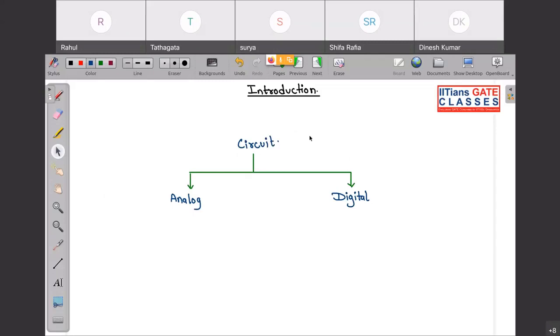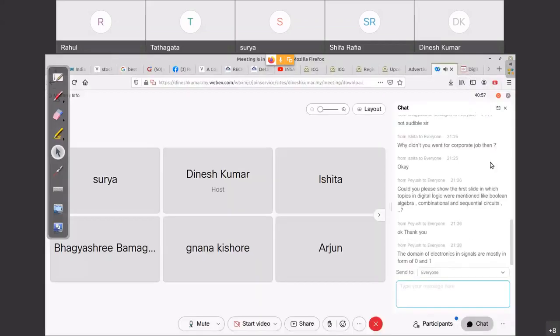Okay, so can anyone tell me what is an analog circuit or what is an analog signal? Yeah, the domain of electronics, signals are mostly in the form of 0 and 1.